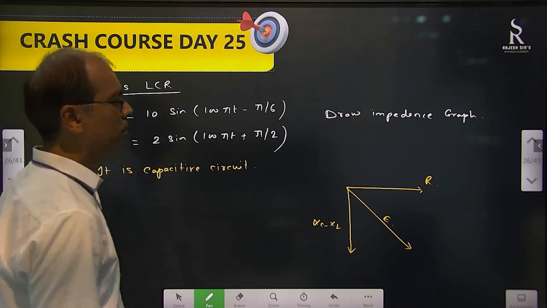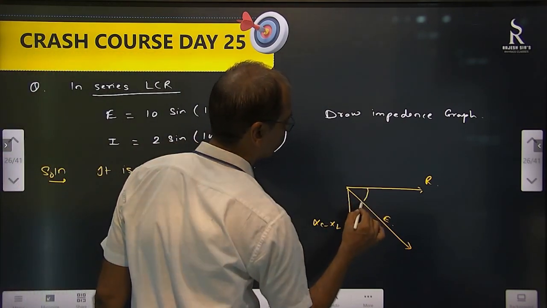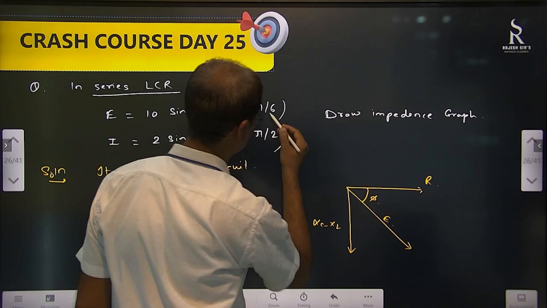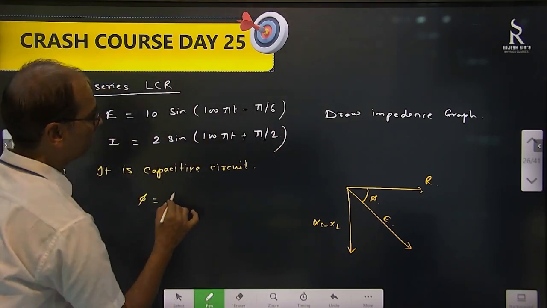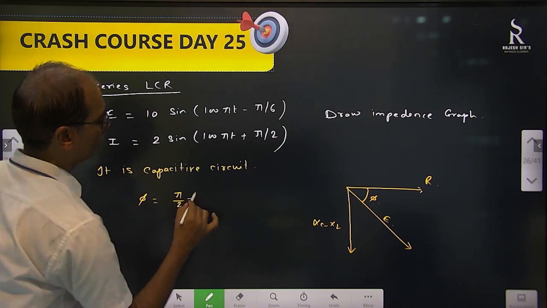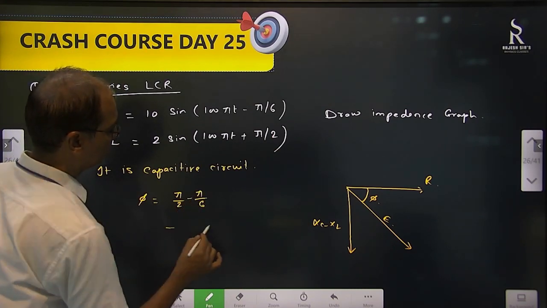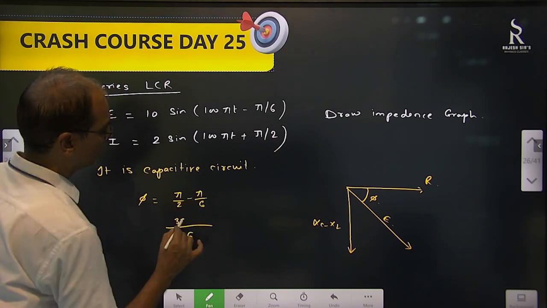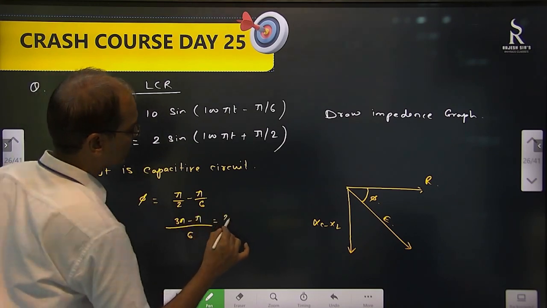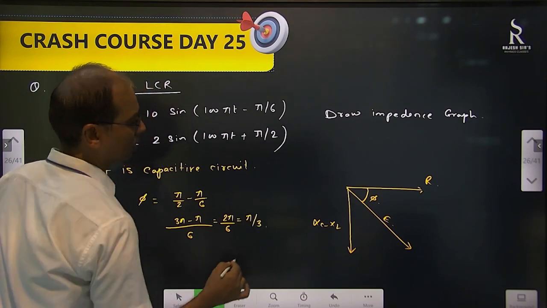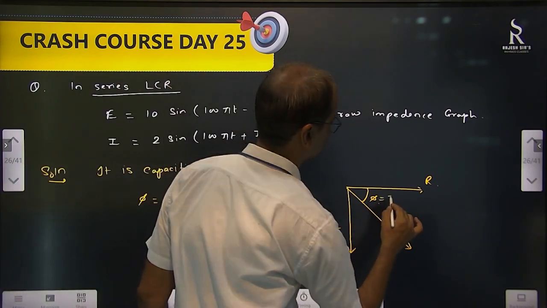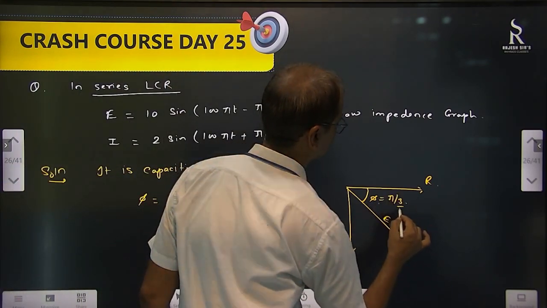Now this value we can find, but this value we already know, right? The phase difference. So what is phi here? Phi is pi by 2 minus pi by 6. How much will it come? This is 6 here, 3 pi minus pi, that is 2 pi by 6, that is pi by 3. So this is pi by 3.